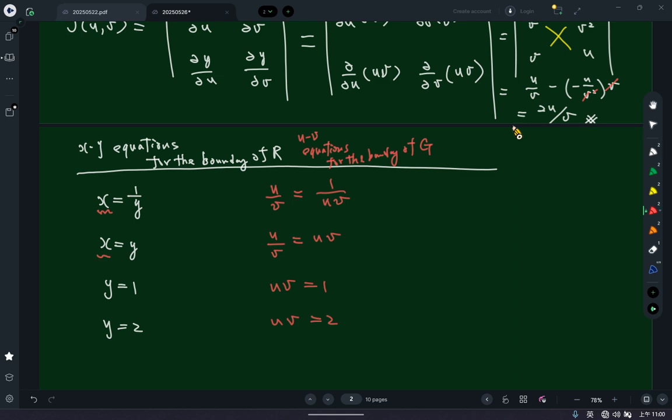So based on this, we can get the simplified. This is the simplified. And we can get u is equal to 1. Then the simplified one, we can get v is equal to 1.